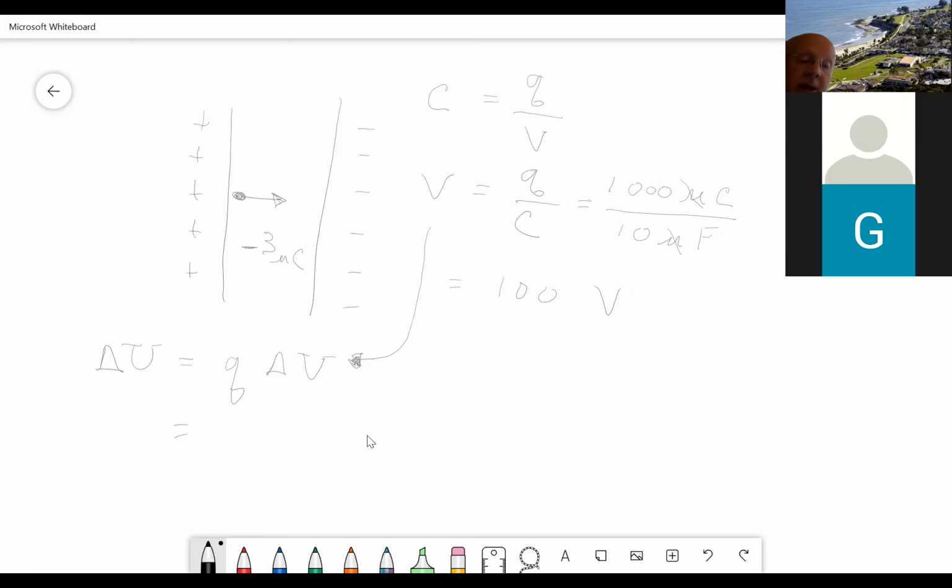And so to get then -3 microcoulombs of charge to make it across the whole thing, which would be 100 volts.